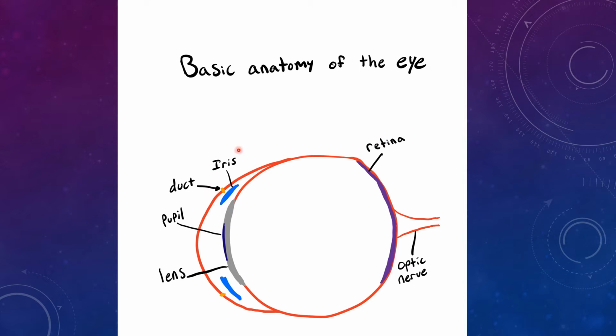We have the iris, which is basically the color of the eye, which this patient has blue. We have the lens here. That's what filters and focuses everything that the person sees. We have the pupil on the very end of it, which is used for focusing. And we have these ducts. We have one here and one here.